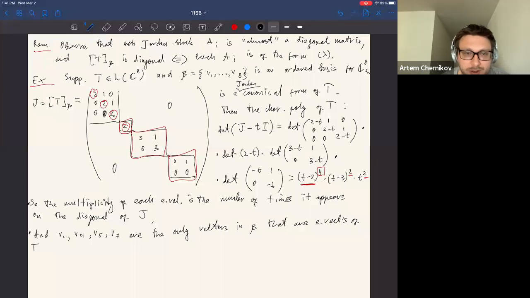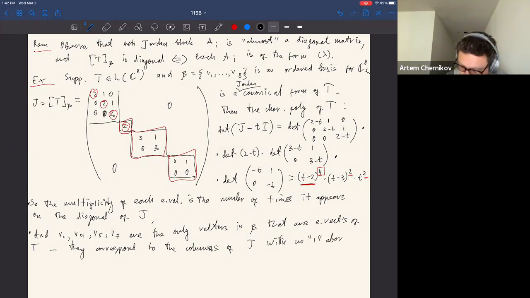So these are the only eigenvectors of T, and they correspond to the columns of J with no 1 above the diagonal. Indeed, note that these are the vectors v1, v4, v5, v7.